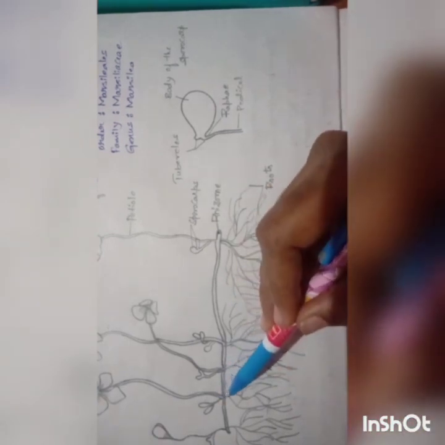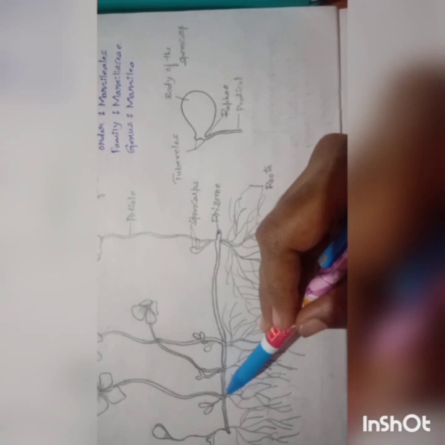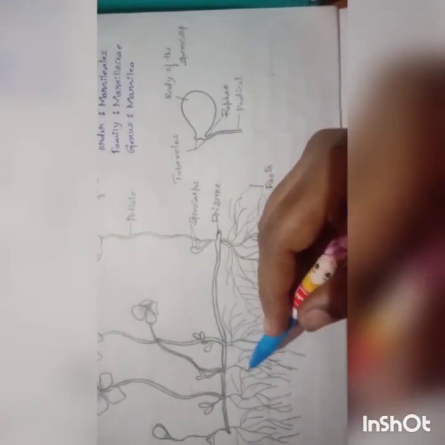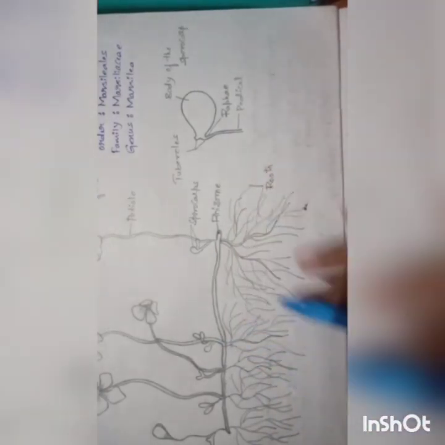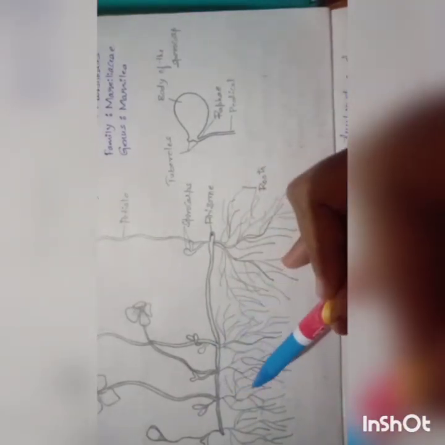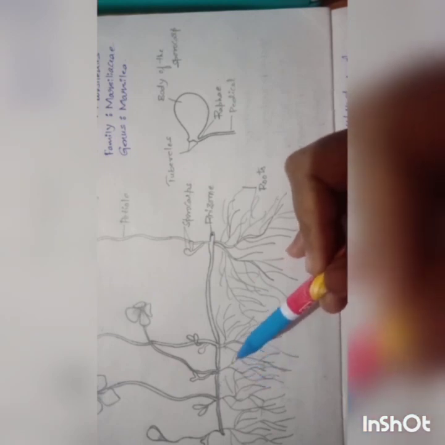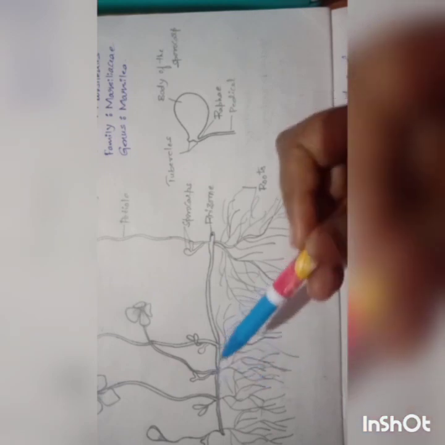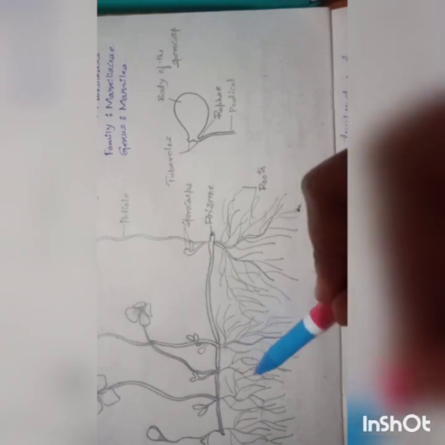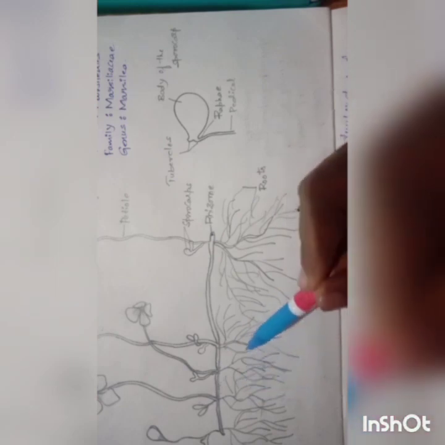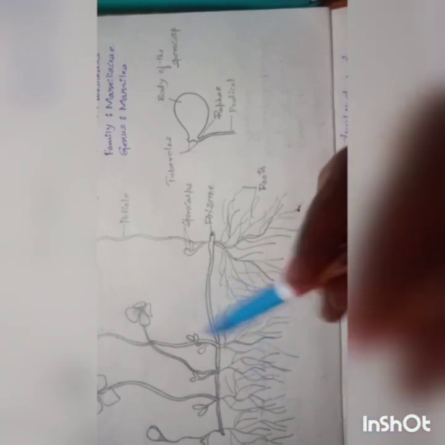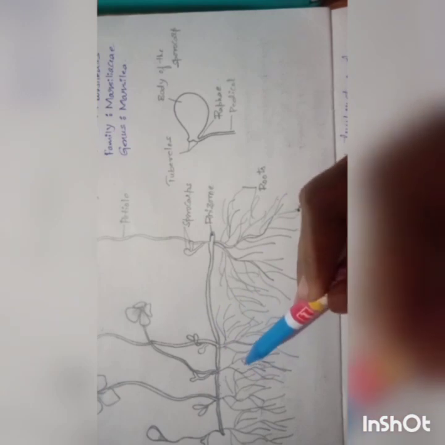Especially the roots arise from the basal region of the rhizome or under the surface of the rhizome. These roots are thin and may be branched. Some remain unbranched. If branched, the branching is of monopodial type.